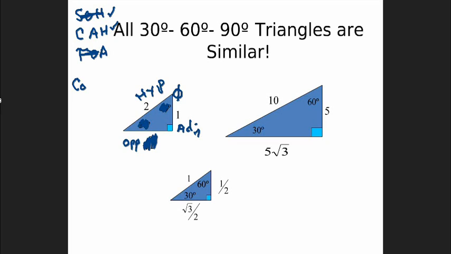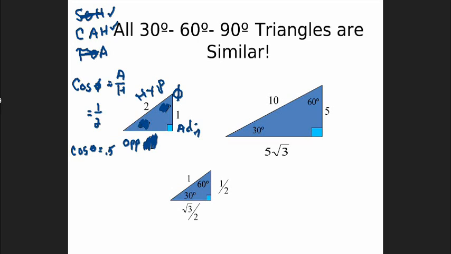The cosine of the angle, not the angle itself, but the cosine of the angle, is equal to a ratio of the adjacent, I'm just putting down single letters now for space, over the hypotenuse. Adjacent over the hypotenuse. Well, that means it's going to be equal to 1 over 2.